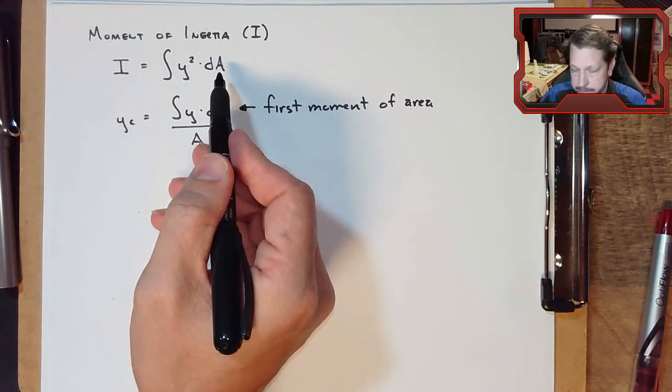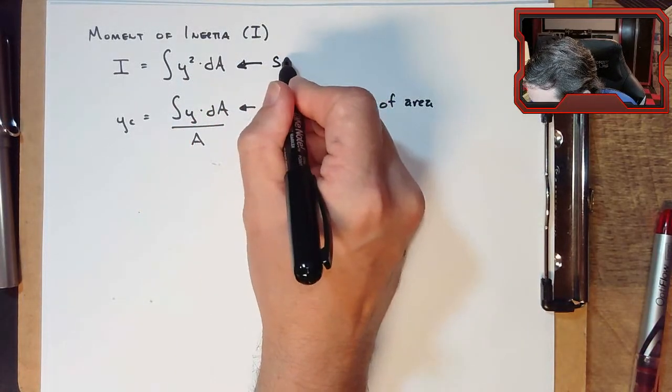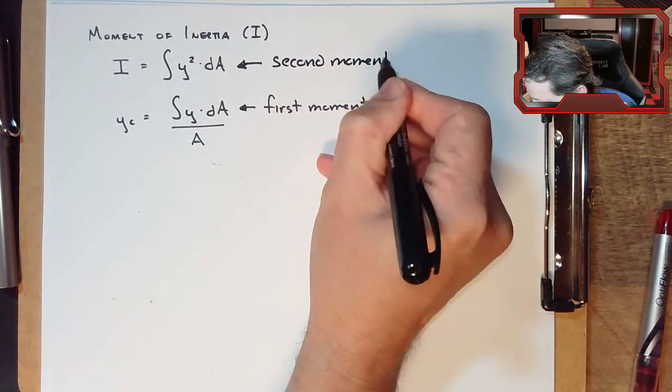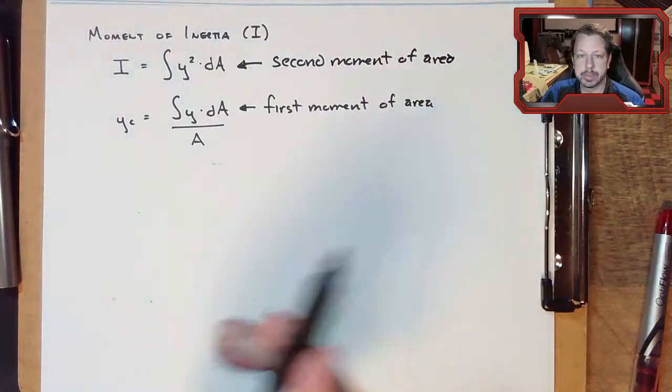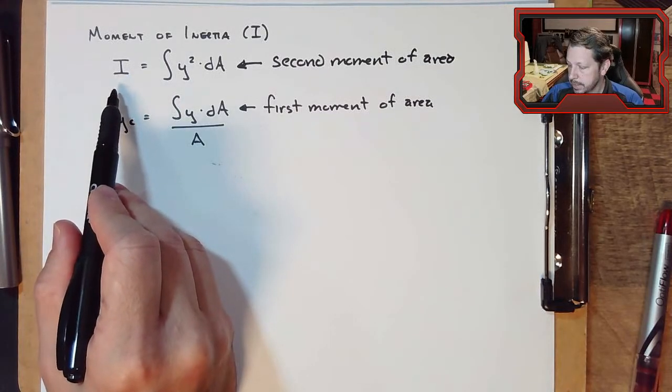This moment of inertia has a similar name, the second moment of area. So you might see second moment of area, and they're referring to the moment of inertia.